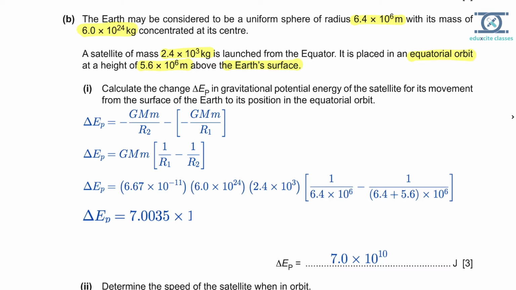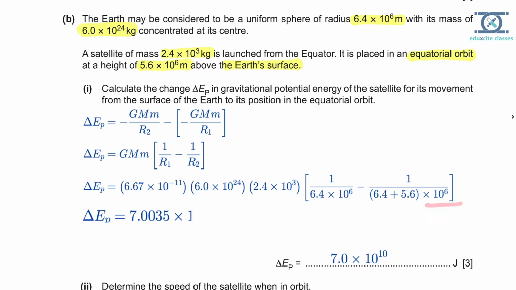Most students will take R2 directly as 5.6, and that will give you a wrong answer. The right way is adding 6.4 plus 5.6, and that will be R2, the final position.